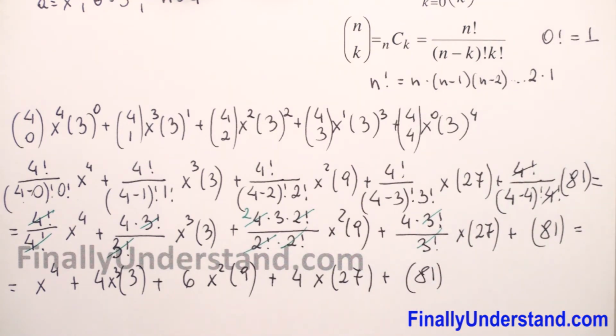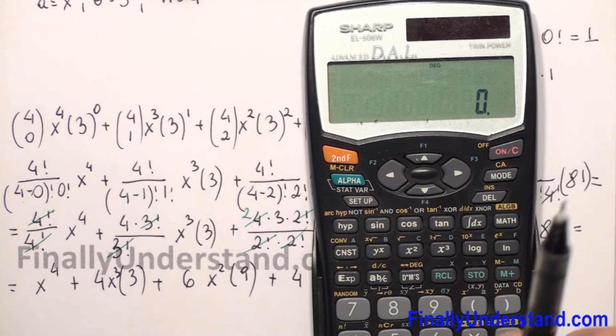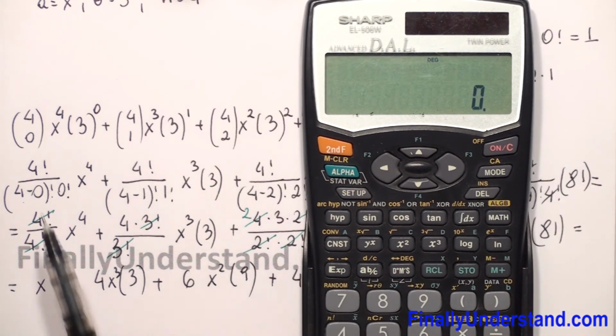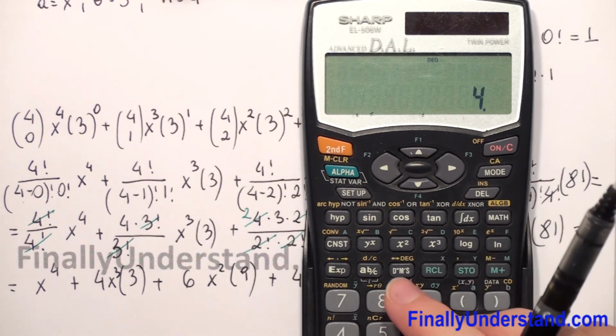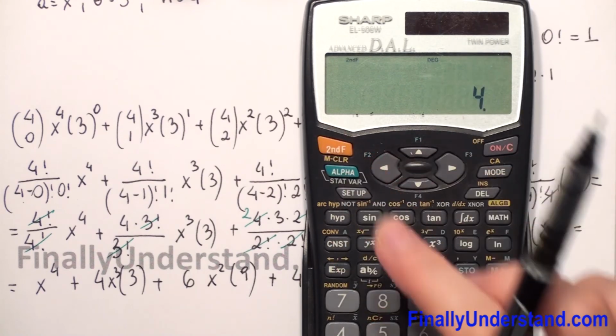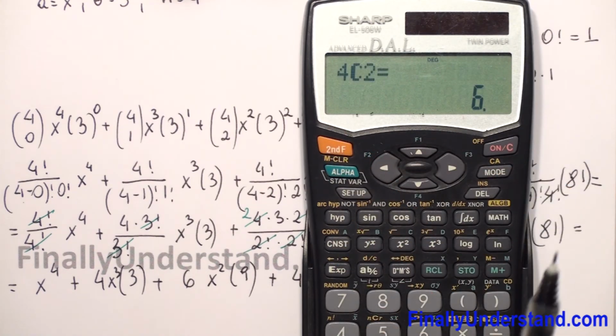If you want to check if we got the correct coefficient, you can use a calculator. We have first 4 choose 0, so we press 4, second function 0, so this is 1, exactly the same. Next we have 4 choose 2, so 4 second function 2, so this is equal to 6, we have 6.